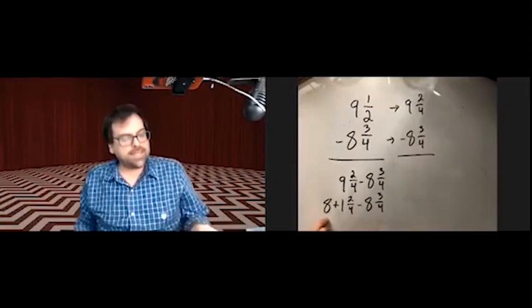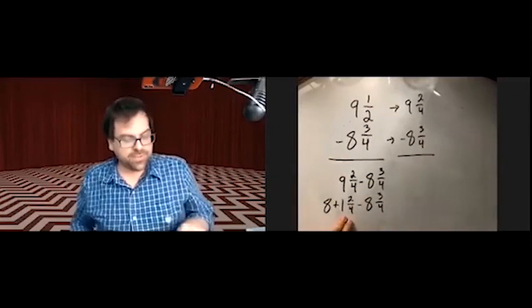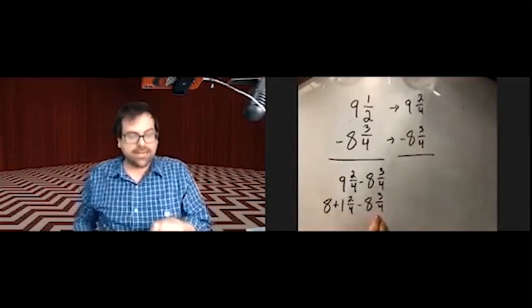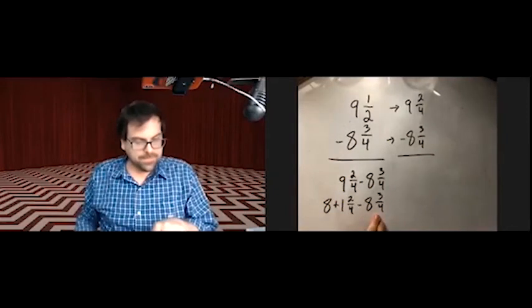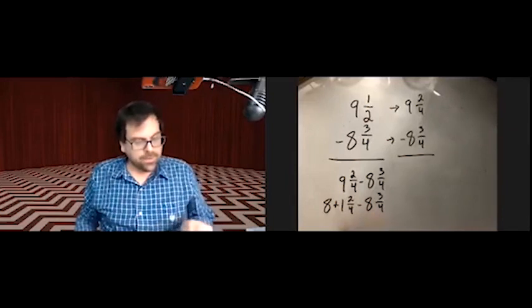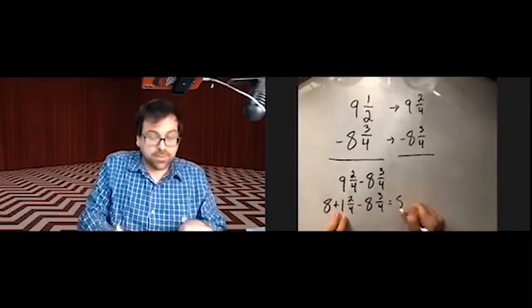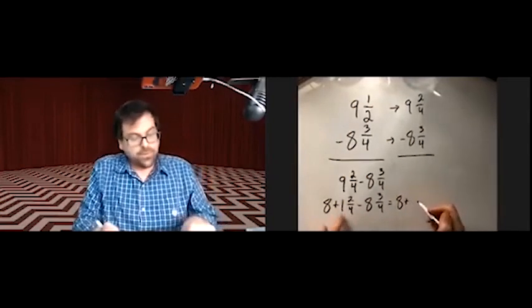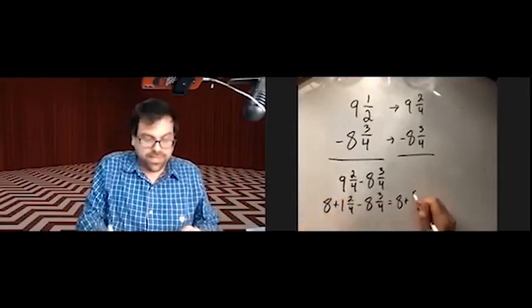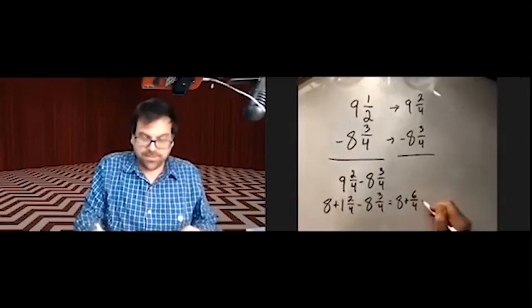So this is 8 plus 1 and 2 fourths minus 8 and 3 fourths. 1 and 2 fourths as a mixed number would be 6 fourths.